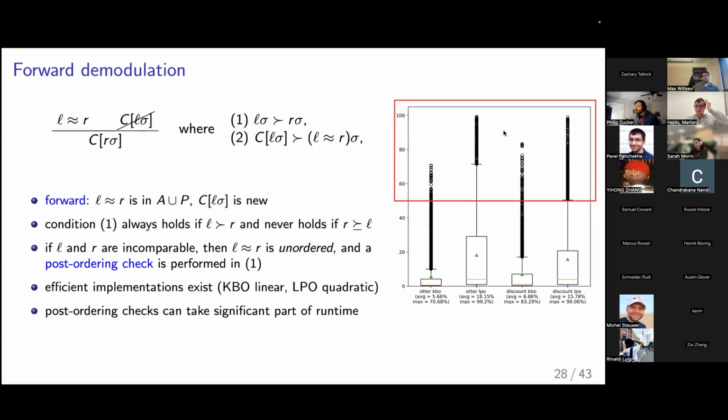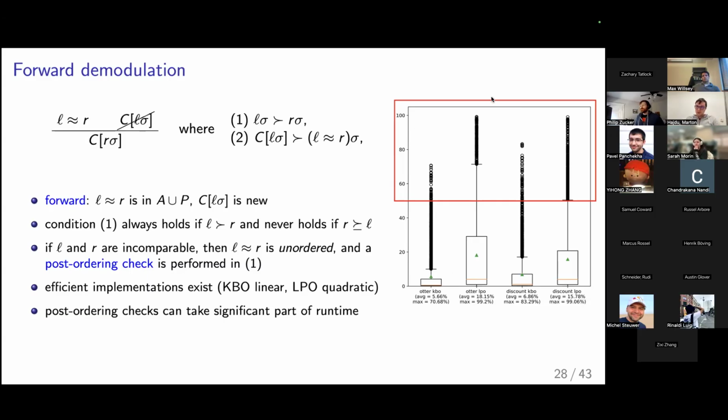So here's a diagram where we show benchmarks from TPTP, where with different configurations using KBO and APO we run problems. Each dot here is a benchmark, and the graph says the proportion of runtime spent with post-ordering check for each of these benchmarks.